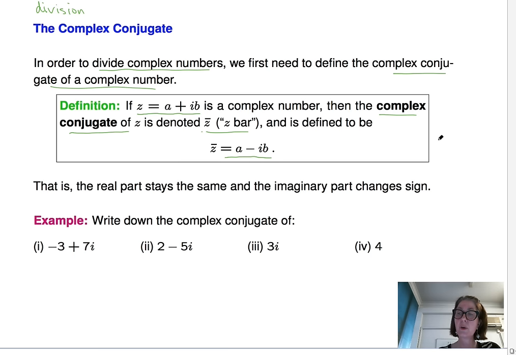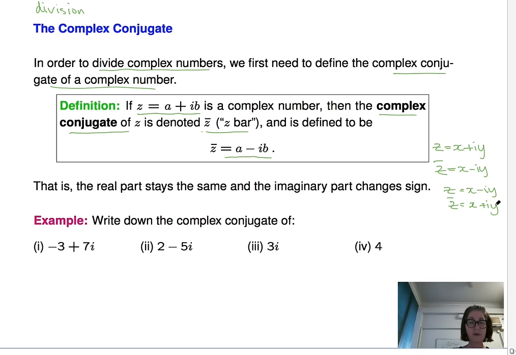So basically what a complex conjugate does is it leaves the real part the same, but it changes the sign on the imaginary part. So if you start off with x plus iy, then the z bar is x minus iy. If you start off with x minus iy, then z bar is x plus iy. So it just changes the sign on the imaginary part.